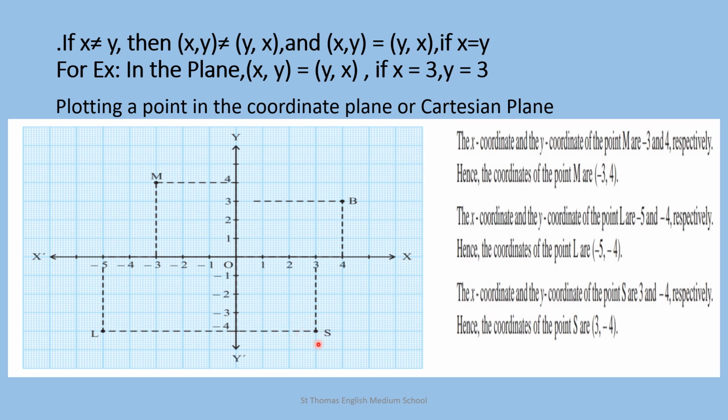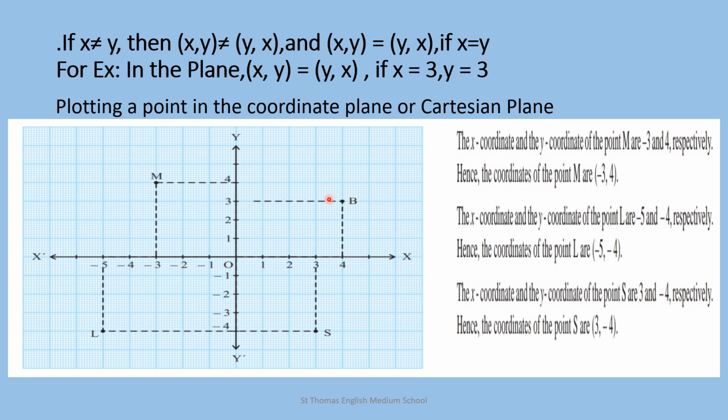Same way, the x coordinate of the point S will be the perpendicular to the x-axis, that is the point 3, and the y coordinate will be the perpendicular to the y-axis, that is -4. Therefore the coordinate of the point S is 3, -4.